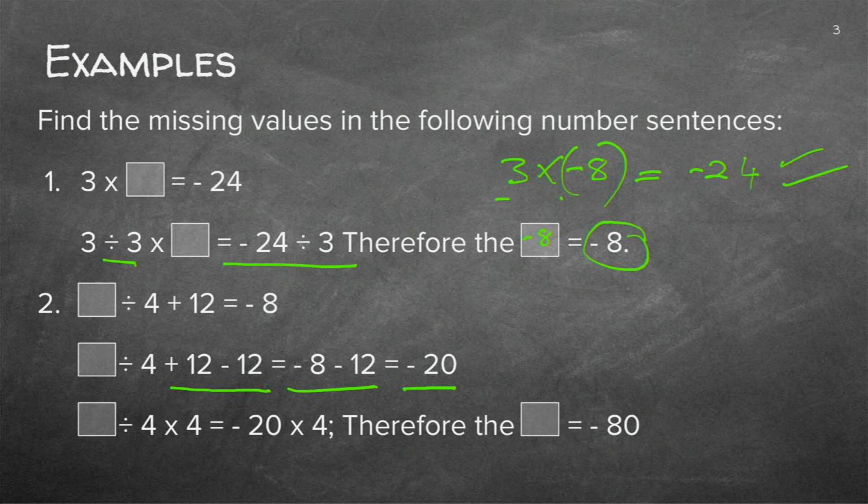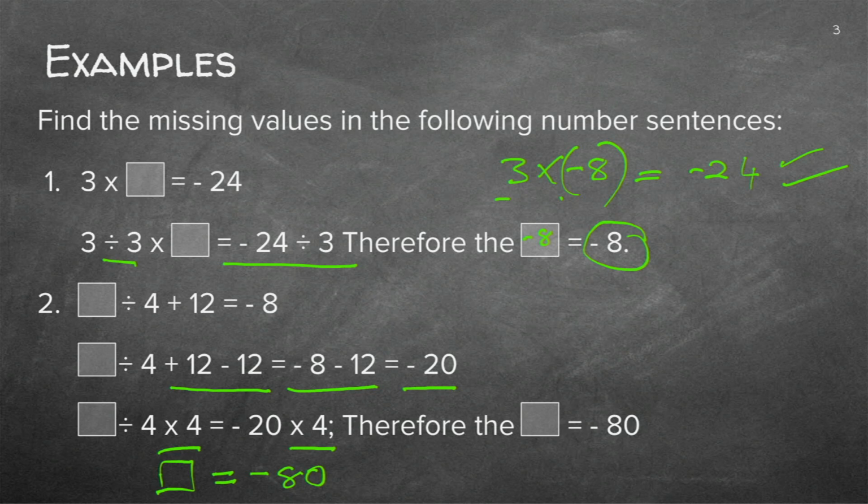Now we still have the divide by 4. So to get rid of this, we're going to multiply by 4. What we do this side, we do this side. So therefore, our value in the block equals minus 80. Minus 20 times 4 is minus 80, and we've got our block separate.